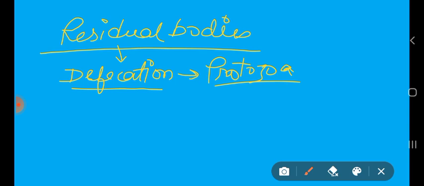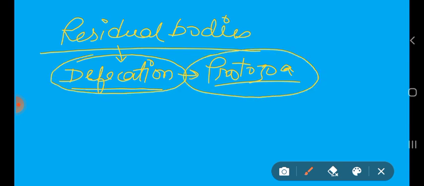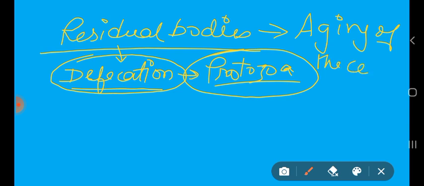Incomplete digestion by the lysosomal enzymes leads to their formation. They can be removed by defecation in some protozoa, but other cells cannot remove them, and they may persist for a long time, and that can lead to aging of the cell.